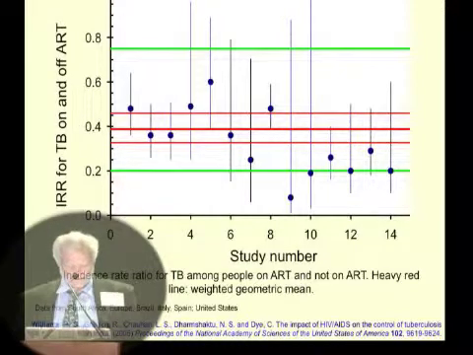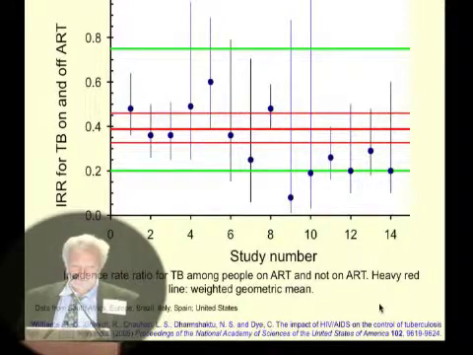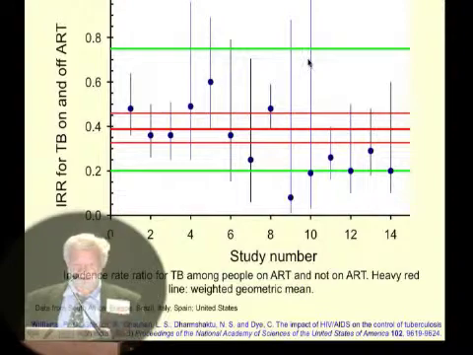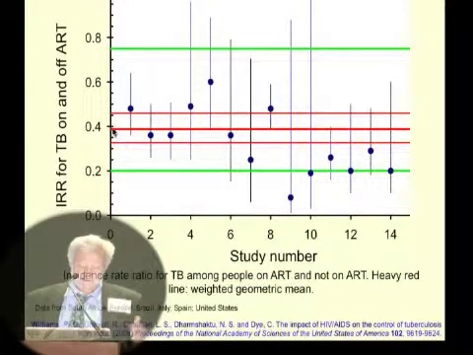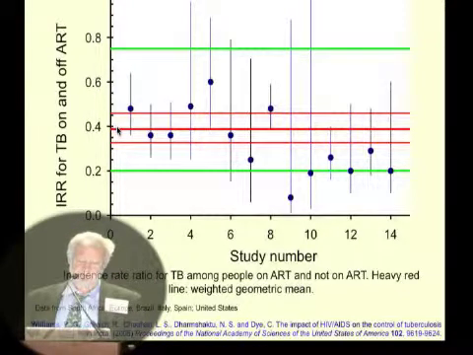So these are all the studies from South Africa, Europe, Brazil, Italy, Spain, and the United States. And what you see is that first of all, the error bars are very big, so the studies are not very precise. There's an awful lot of scatter on the points, which may depend on the CD4 cell count or the viral load or something else when the study was done. But our best guess, at least, is that overall the incident rate ratio is about 0.4.